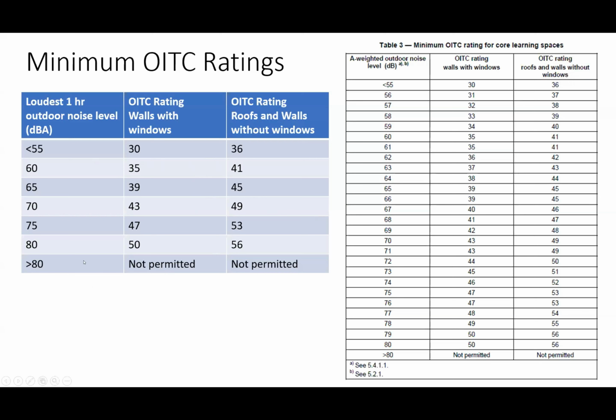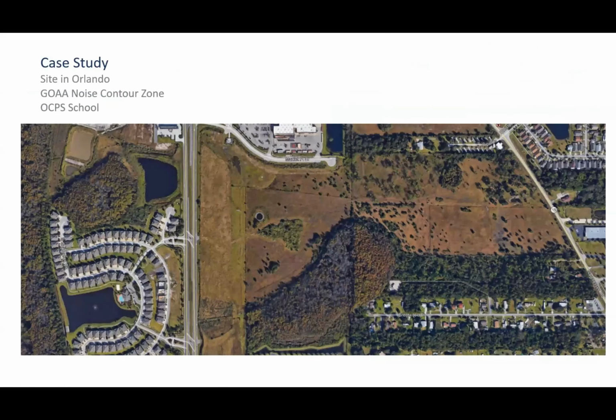And even to the point where if your outside sound level for that hour is above 80 dBA, ANSI at least says you are not permitted to build a school there. It's just too loud. You're going to have to do too much to that assembly.